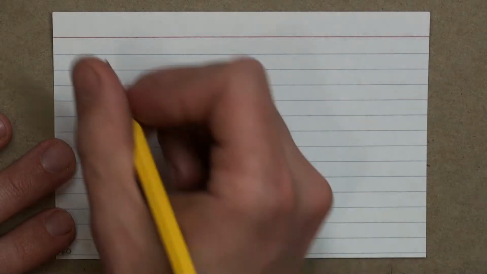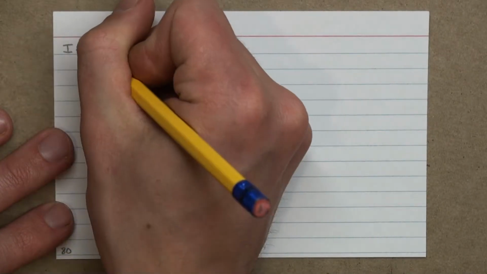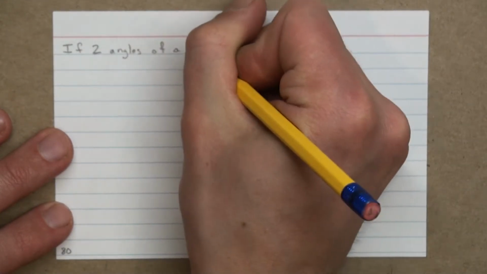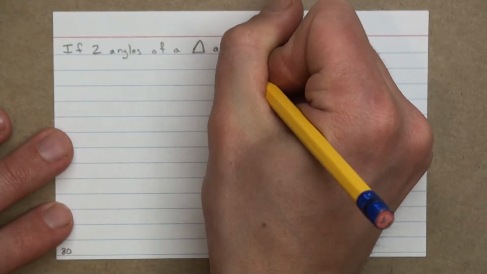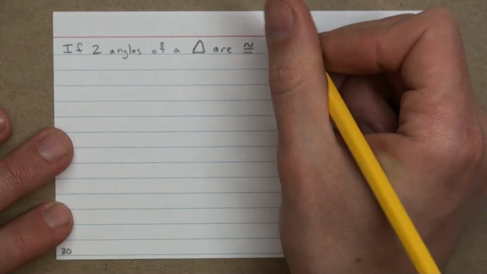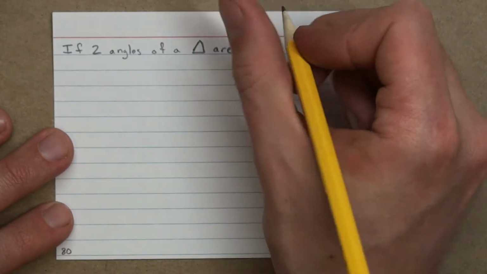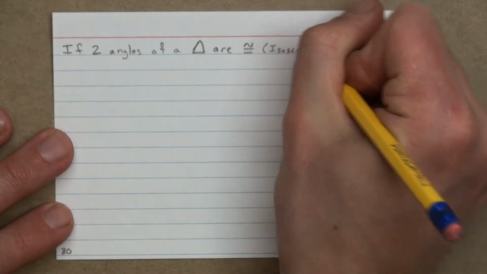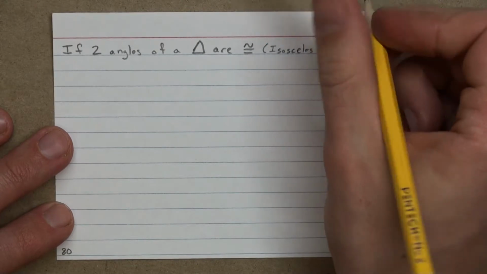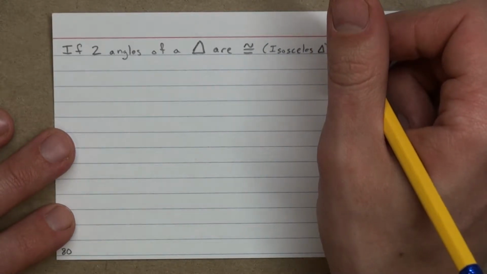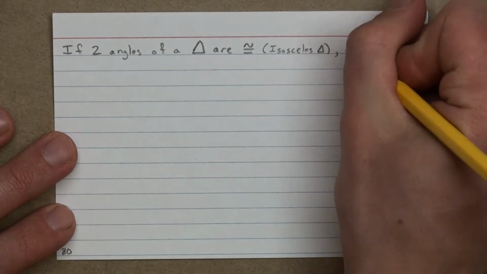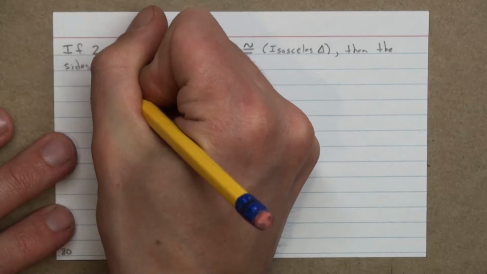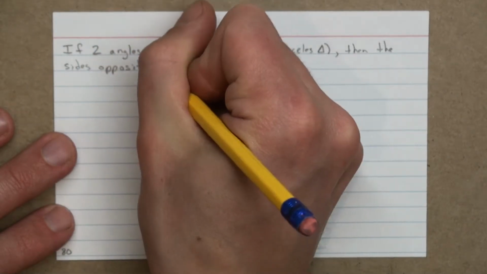If two angles of a triangle are congruent, and this is like in an isosceles triangle, then the sides opposite them are congruent. So comma, then these sides opposite them.